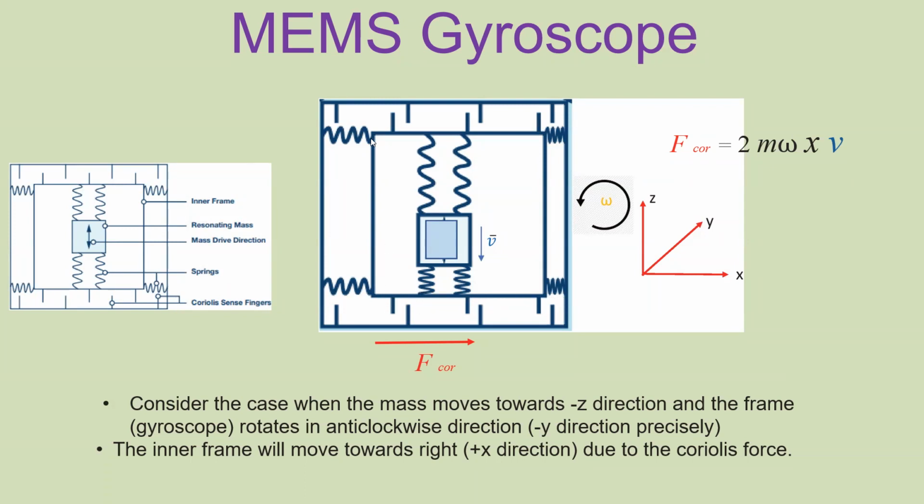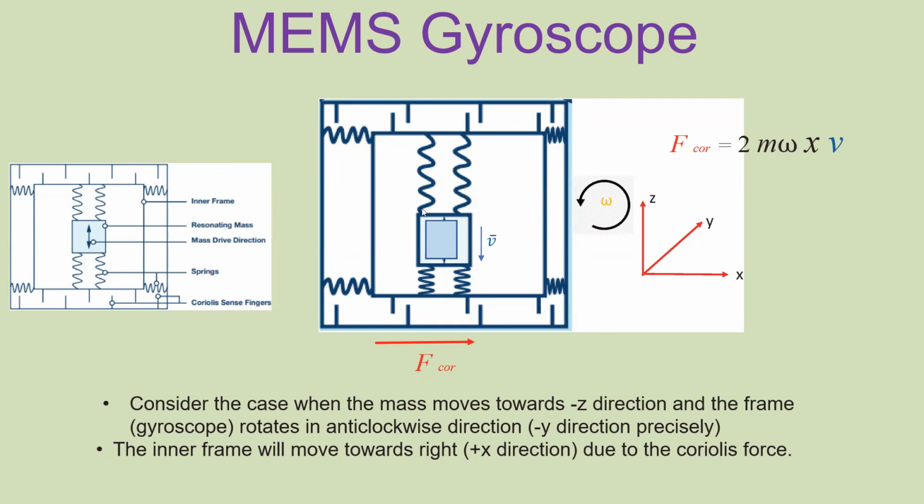If you consider this frame, you can consider this as the moving frame, and this outer frame as the reference frame. This reference frame is only rotating, but not linearly moving. So this outer square is a non-inertial frame. It is not fixed in space. Actually, it is rotating in space.